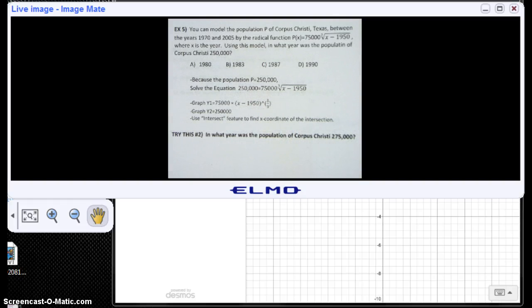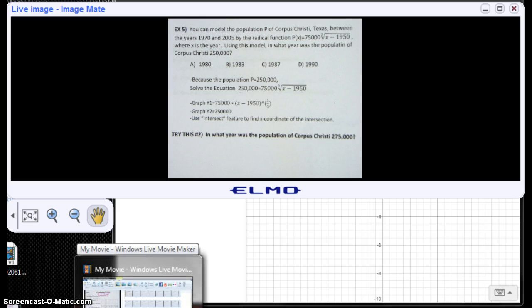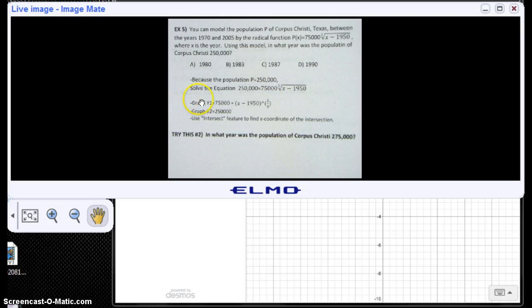So we can just try to solve that using our knowledge of how to solve a radical equation, but also we can use our graphing tool. So I want to show you how to do that so that you know how to use the graphing calculator more effectively. So the first step would be to graph y1 as the right side of the equation and y2 as the left side of the equation.